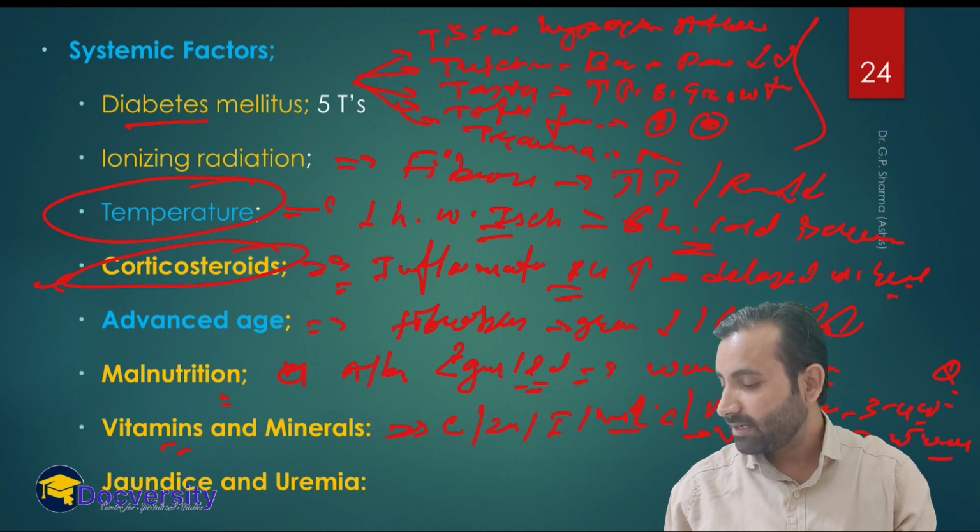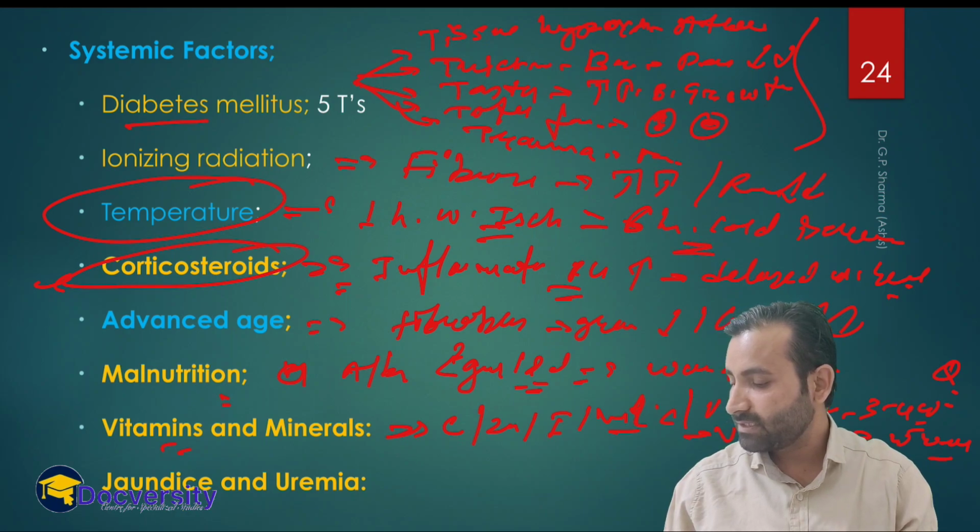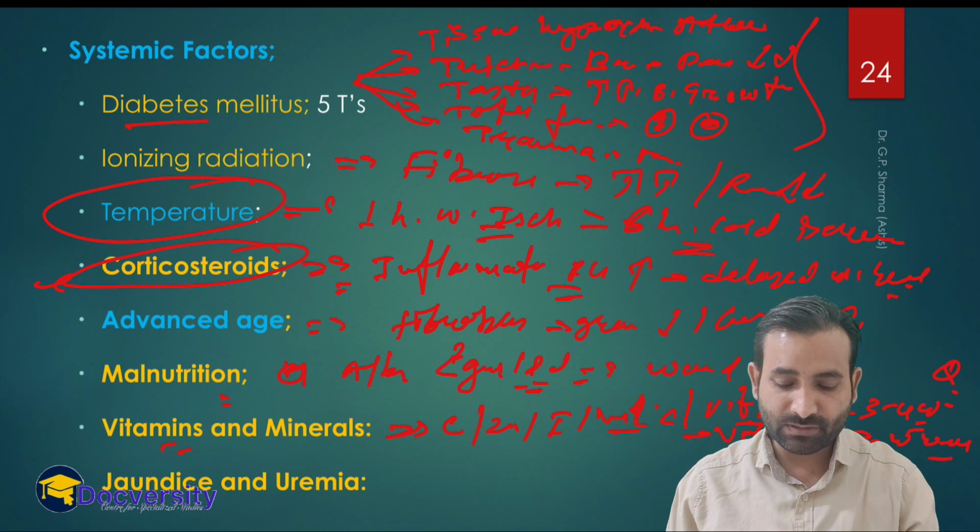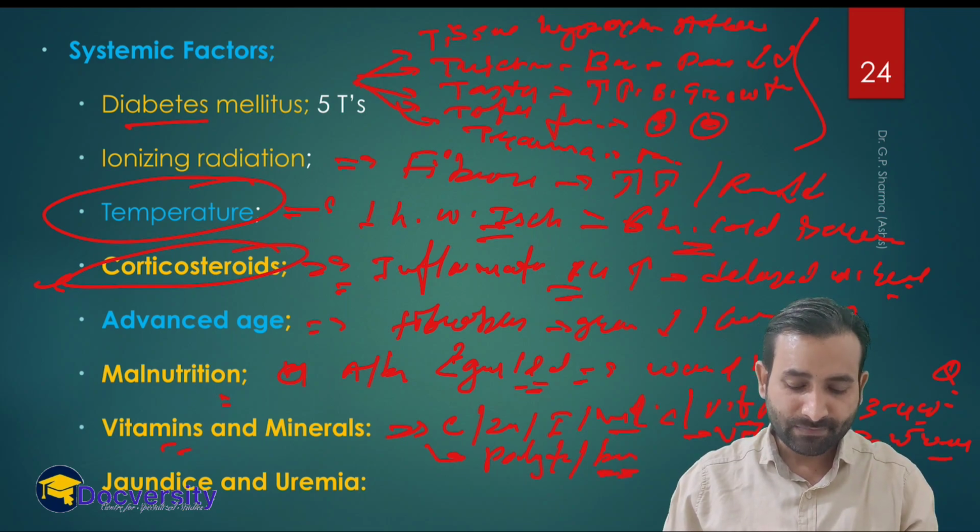Is that okay? And zinc deficiency, you know already, zinc is involved in the remodeling phase, right? So zinc deficiency occurs during the remodeling phase, and usually zinc deficiency occurs in polytrauma, or you have the burn, right? So in these cases you have to give zinc supplement to the patients. Is that okay? And similarly, you have jaundice or uremia.